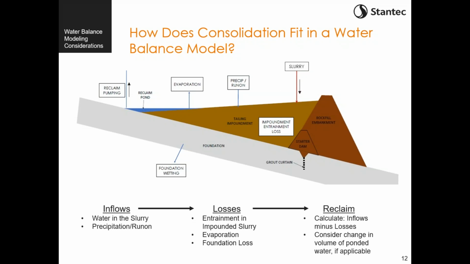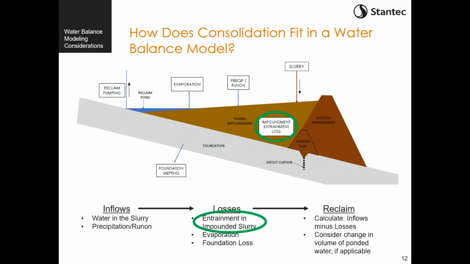So how does consolidation fit into this? Well, it fits in terms of our entrainment loss. All right, so this is a little bit counterintuitive. Previously in this phase diagram in your handout, I was showing that consolidation leads to expulsion of pore water. And I think a lot of people are probably curious about how you calculate that volume of water expelled from your soil or from your slurry.